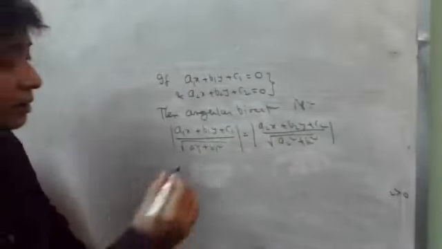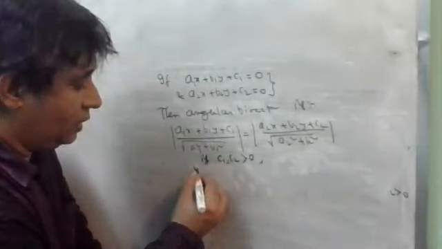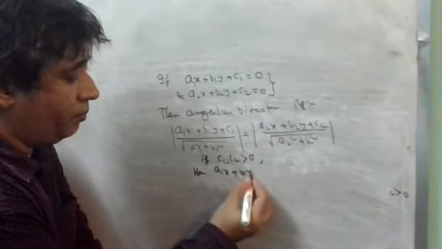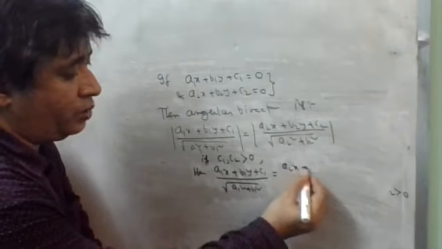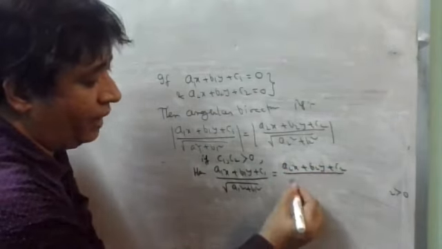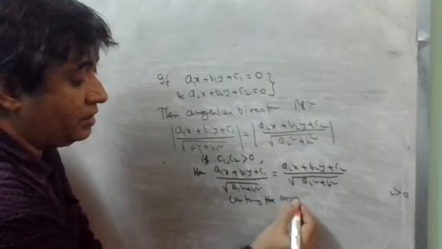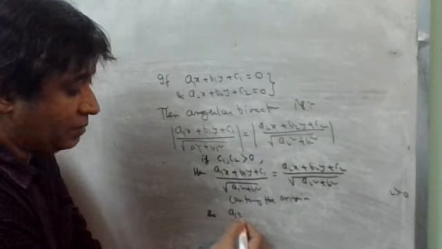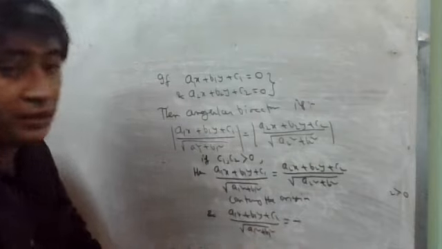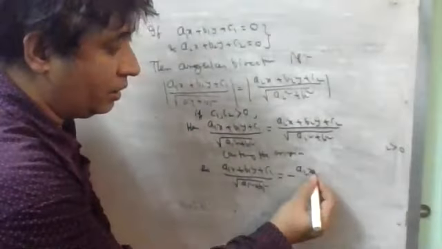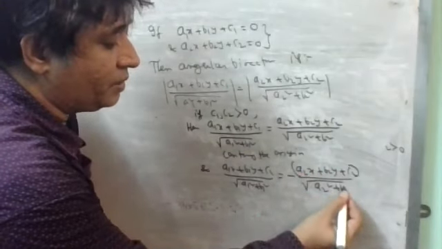Now, if C1 C2 greater than 0, then this equation contains the origin, and A1x + B1y + C1 by root over A1 square plus B1 square is equal to minus (A2x + B2y + C2) by root over A2 square plus B2 square.